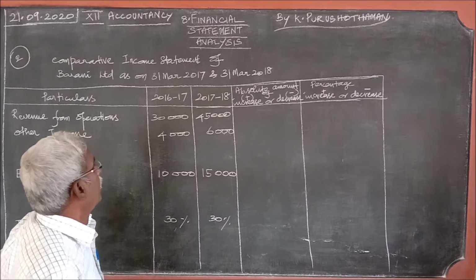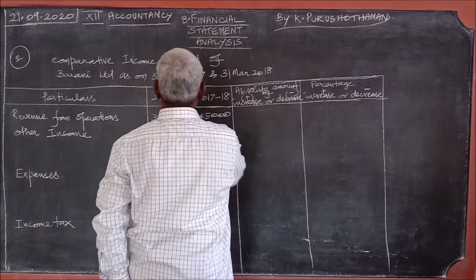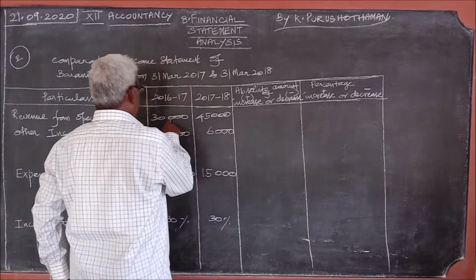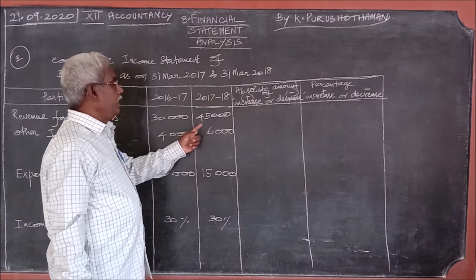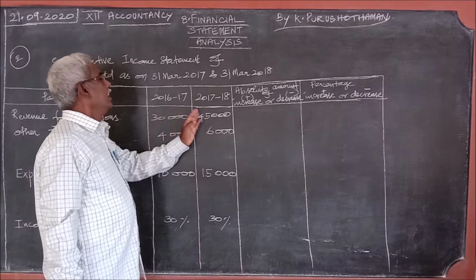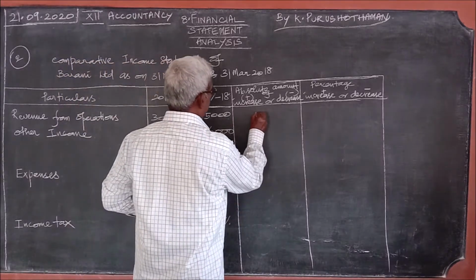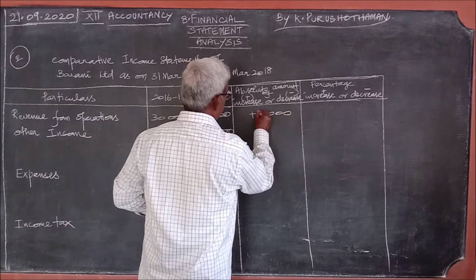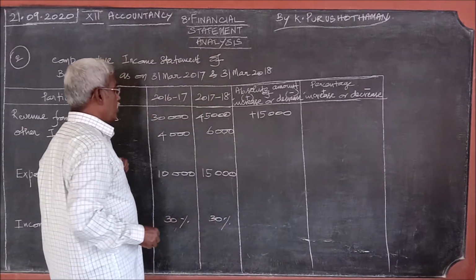To find the increase or decrease, we shall do it first. 16-17, 30,000. In 17-18, 45,000. Whether there is decrease or increase, only increase. How much? 45 minus 30, 15,000. If it is increase, you put plus. If it is decrease, you put minus. The same thing for other income also.